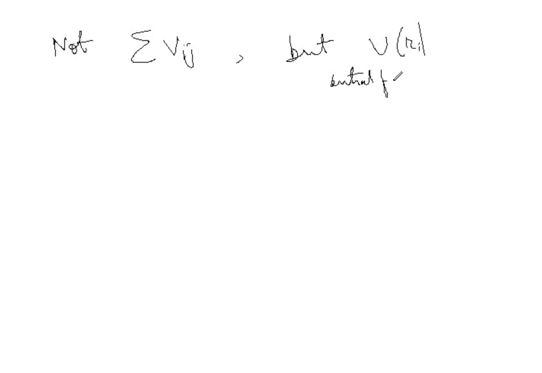So not Vij but U ri, which is a central potential, right? Why central? You see, just a single coordinate, that depends only on the coordinate of the nucleon I. So I am talking about the ith nucleon.